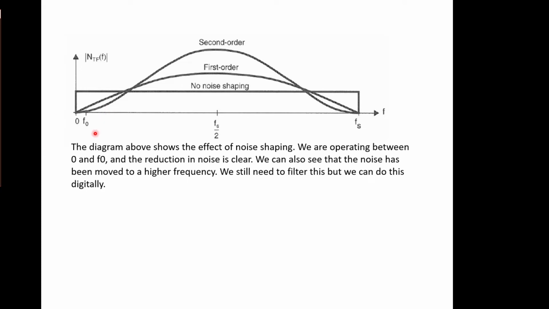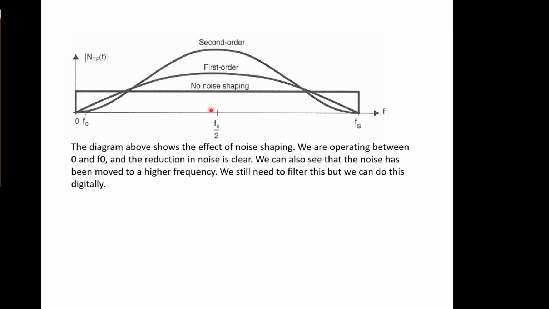So in sort of graphical form then, the noise power, or the noise transfer function for a system, the first one we looked at with no noise shaping, remember we said it was equally distributed across the whole sampling range. This is the Nyquist frequency here. So it's equally distributed, and our message would have to be held within this area here.